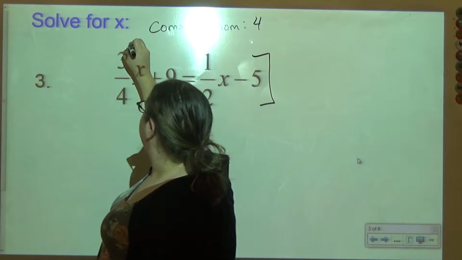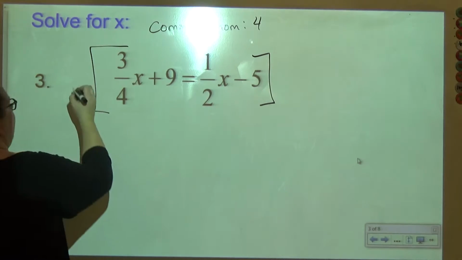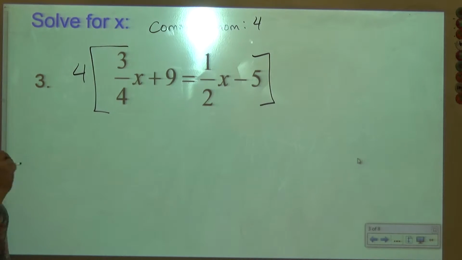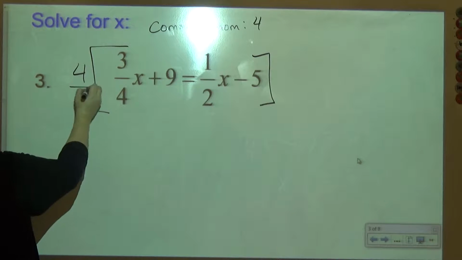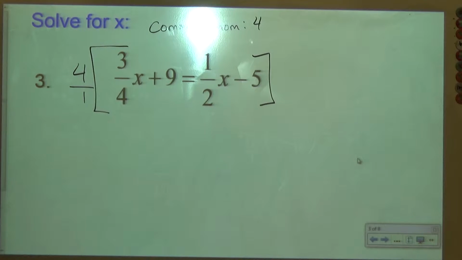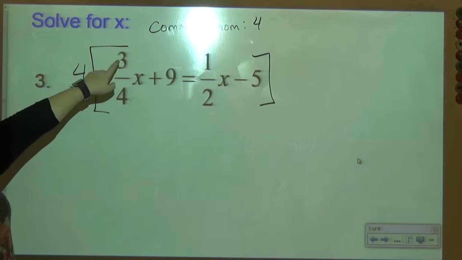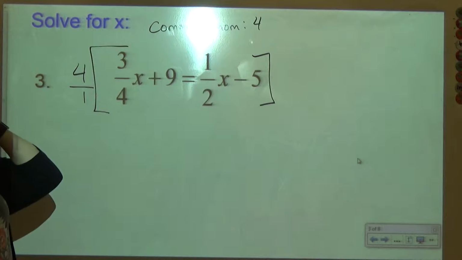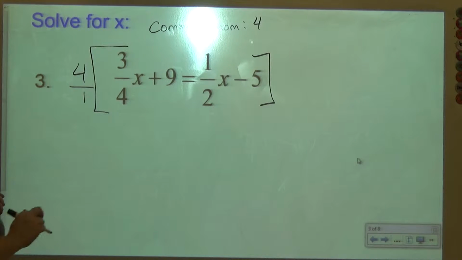So we're going to actually think of it as distributing. And if you want, it's 4 or 4 over 1. Okay? Because when you multiply by a whole number, you really only multiply the top. So we're going to distribute to everything.